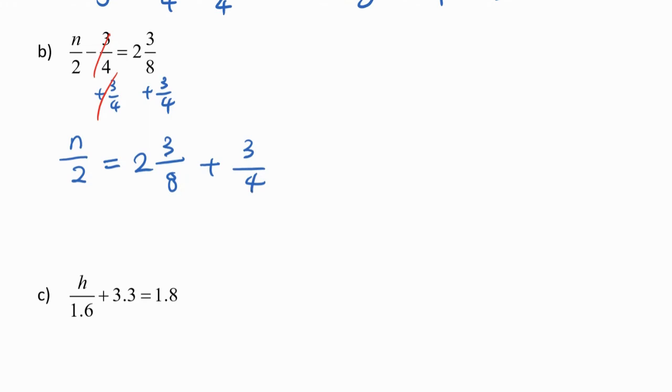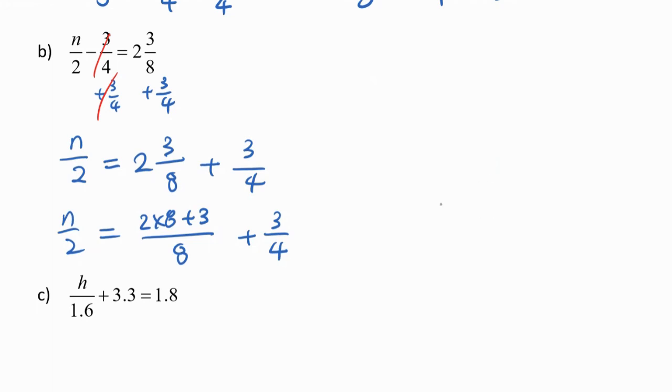Alright everyone, we're going to change this mixed number to an improper fraction. And that will be 2 times 8 plus 3, plus 3 over 4. Again, write down every single step.